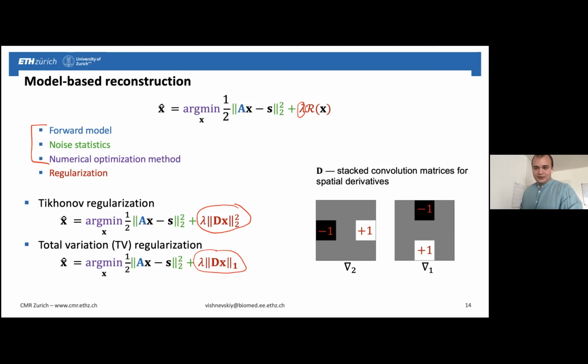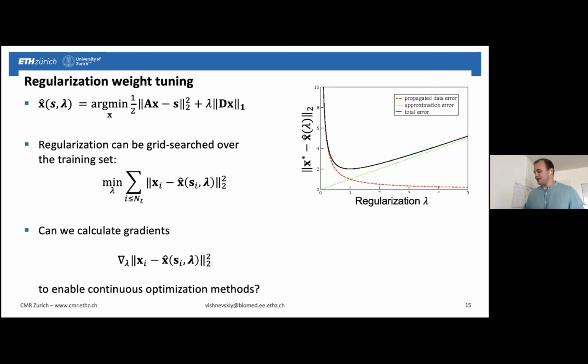However, the regularization should be tuned, and we usually have a sweet spot for the regularization value, somewhere around here, where we balance between our prior knowledge and the acquired data influences.